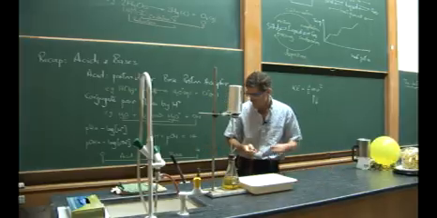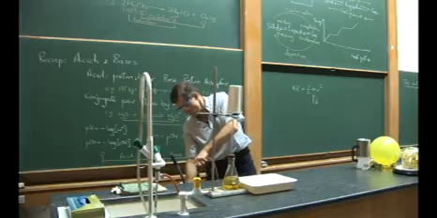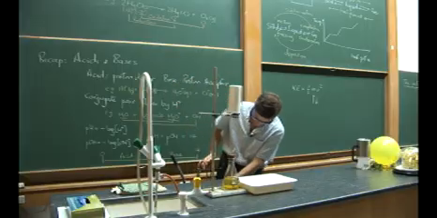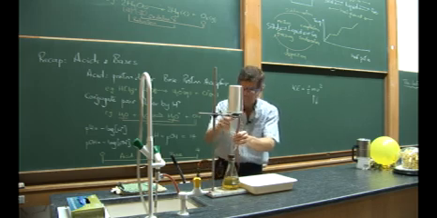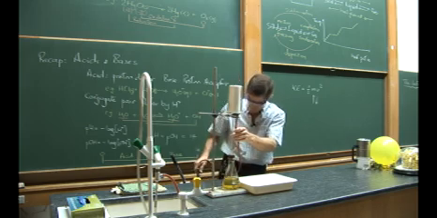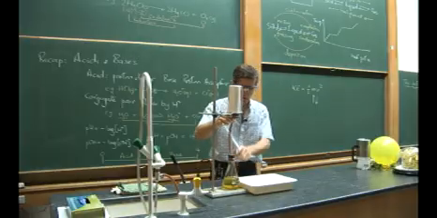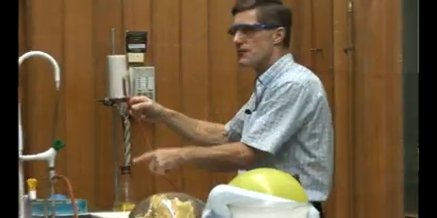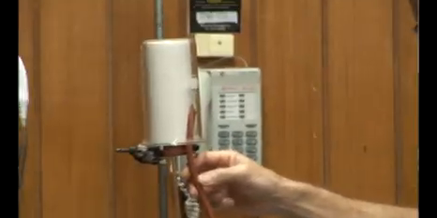Now what I'm going to do is actually put some hydrogen around the outside of the pot. And then you might be able to see that there's now a flow of liquid actually over there on the bench.